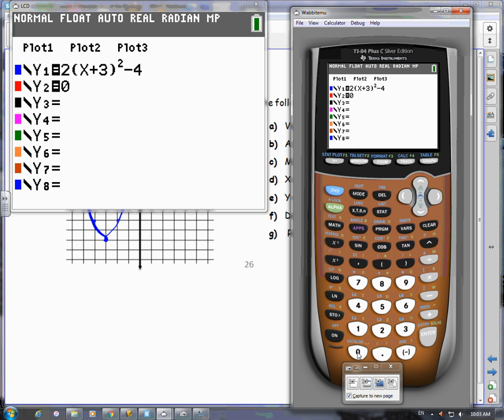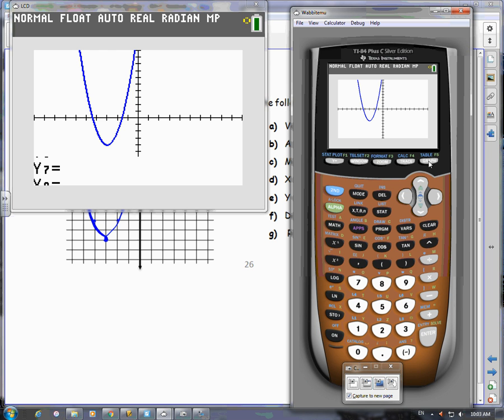If you have one of the black and white ones, what you want to do is backspace over to in front of the y2 and press enter once. It will change the style of line from a thinner line to a thicker line, so that when you graph it, you will see the x-axis become bold, so that you can tell that you've got the x-axis there.